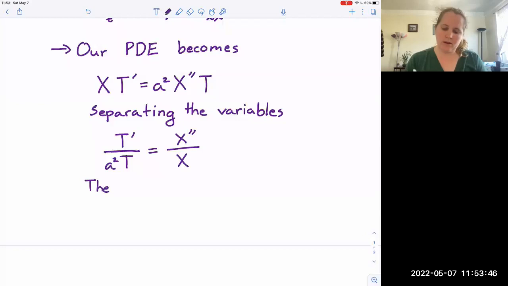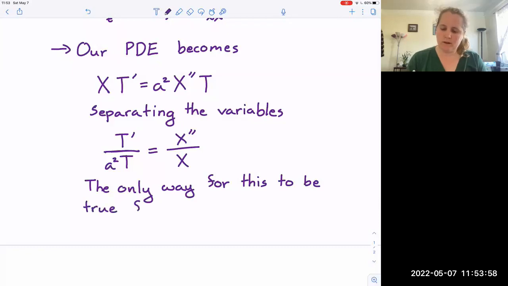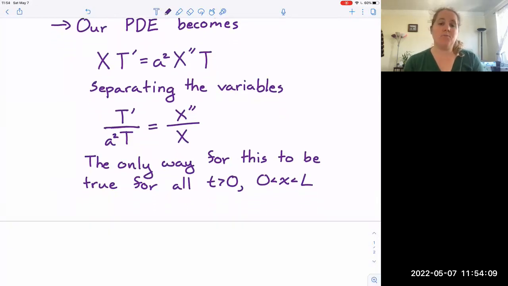So the only way for this to be true for all t greater than 0 and 0 less than x less than L is if these are both equal to a constant.